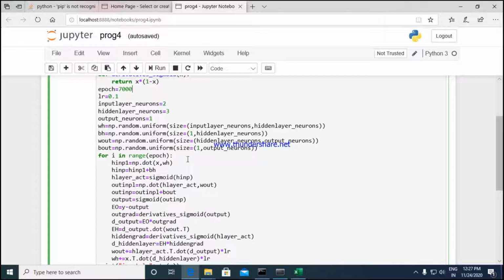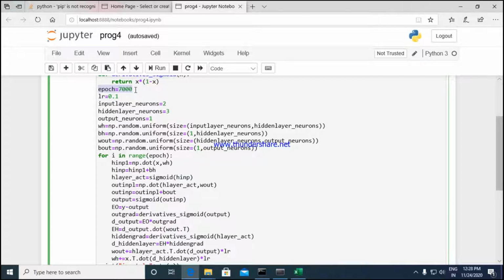I have already told you in the theory class that when you apply the forward pass and backward pass just once, the error doesn't get reduced completely, but this should be repeated thousands of times.